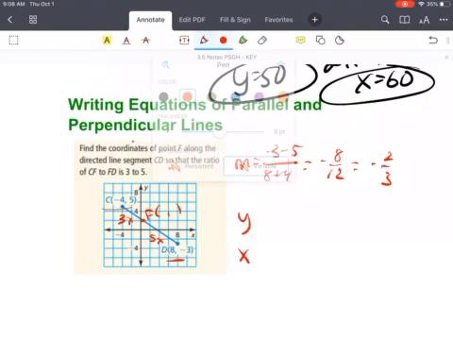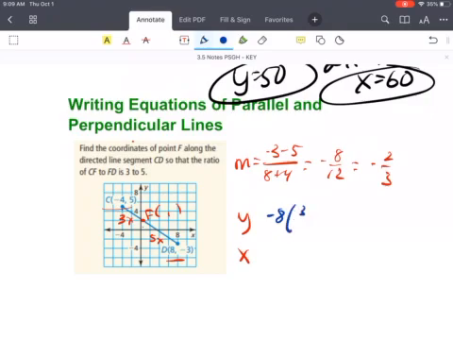Now looking at my y and my x here, so for the 3/8 of the part to start from each spot, if I want to go from C to F, it's 3/8 of the part. So -8 times 3/8 would give me -3, and 12 times 3/8 would give me 4.5.